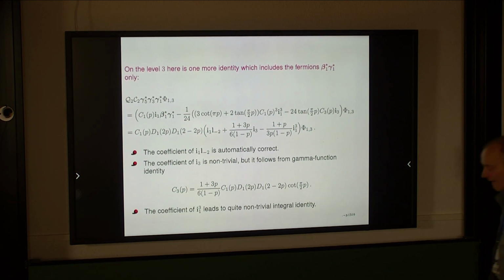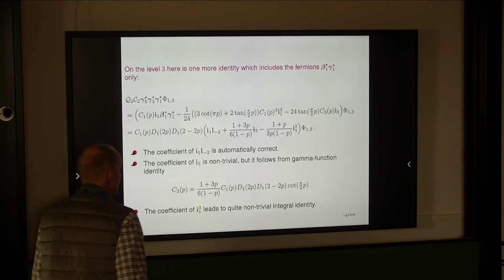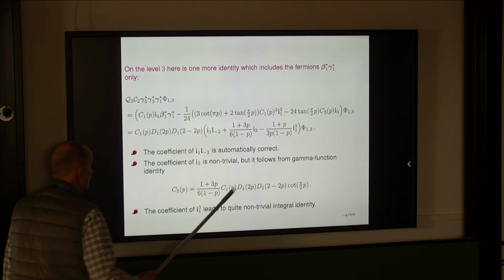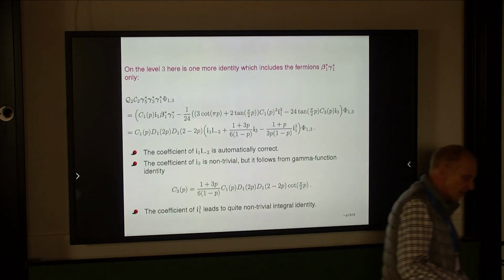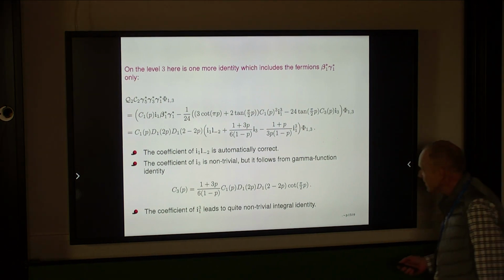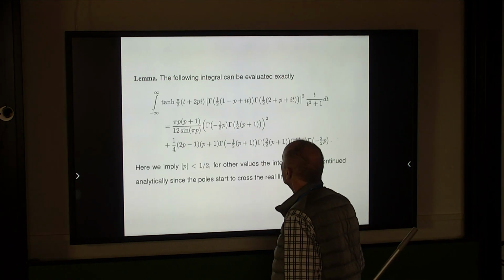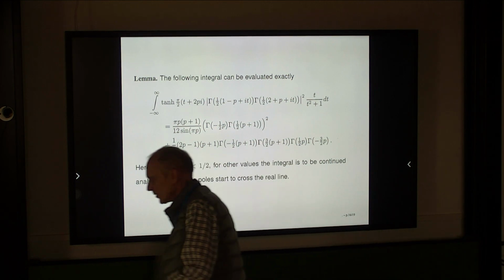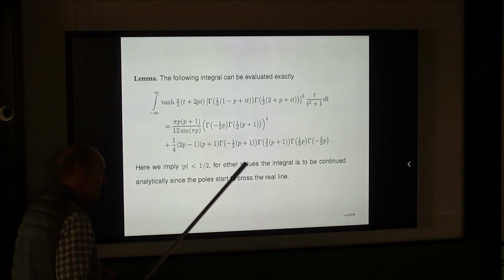But now there is one more guy remaining. You have to check that I1 cubed is correct. And for I1 cubed, we got already an integral relation. This is where we all recall Fateev, the citation I gave.